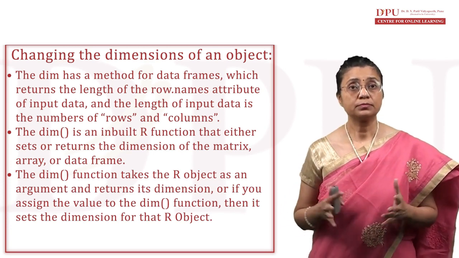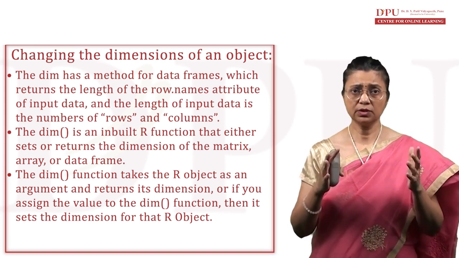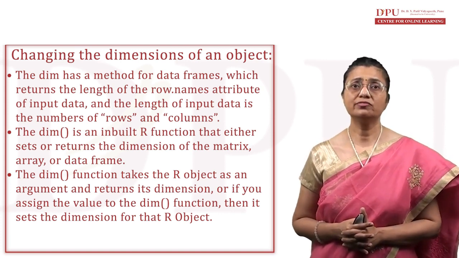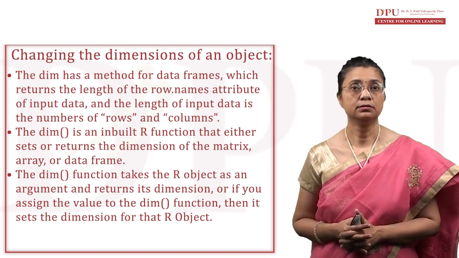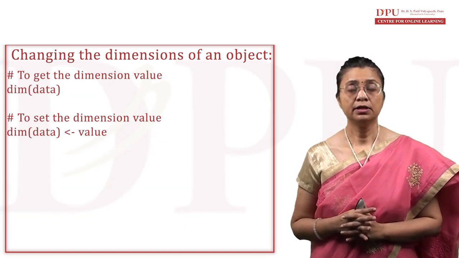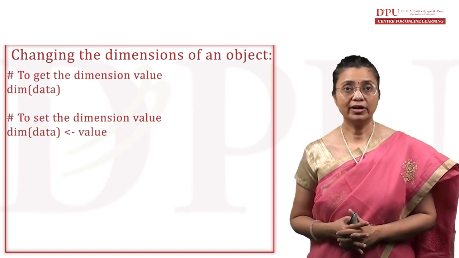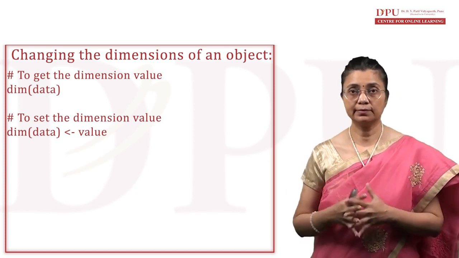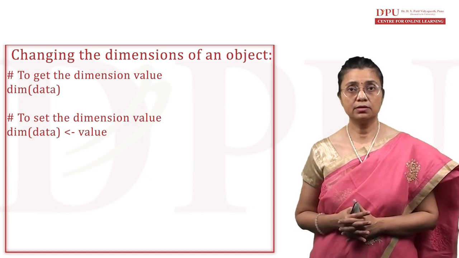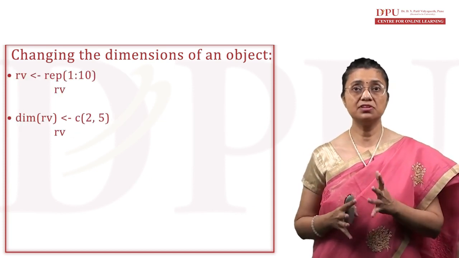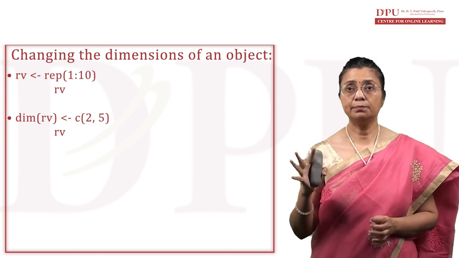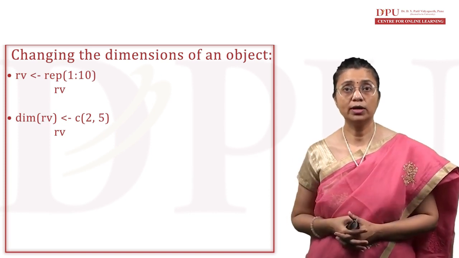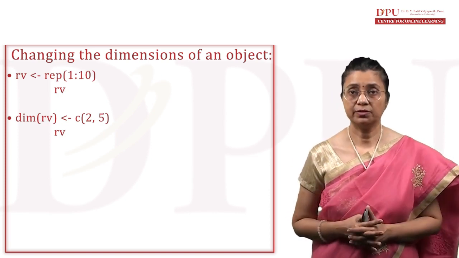So basically the idea is that to get the dimension value, I will write dim of data. So I will pass the data. Now to set a particular value, I will write dim(data) equals value. So I am writing a value over there. Now let's have a quick look at the example. Suppose rv is a variable and I am using rep as a function, and then I write 1 to 10 and then I print rv.